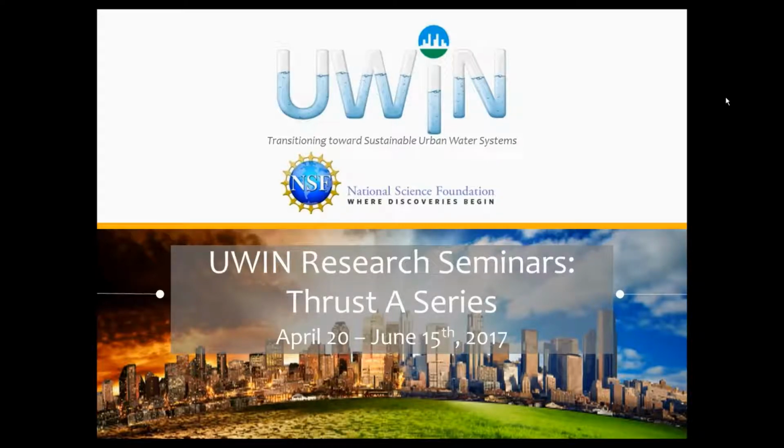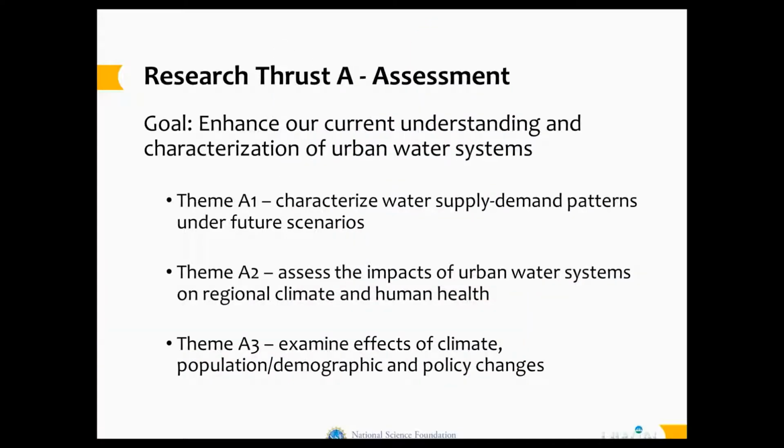We're excited to continue the Thrust A seminar series with a presentation from Princeton University's Dr. Elie Bou-Zeid. Our first series, Thrust A, is focused on enhancing our fundamental understanding and characterization of the sustainability of urban water systems by comparing trends in the past with alternative future land and water use, population, and climate scenarios.